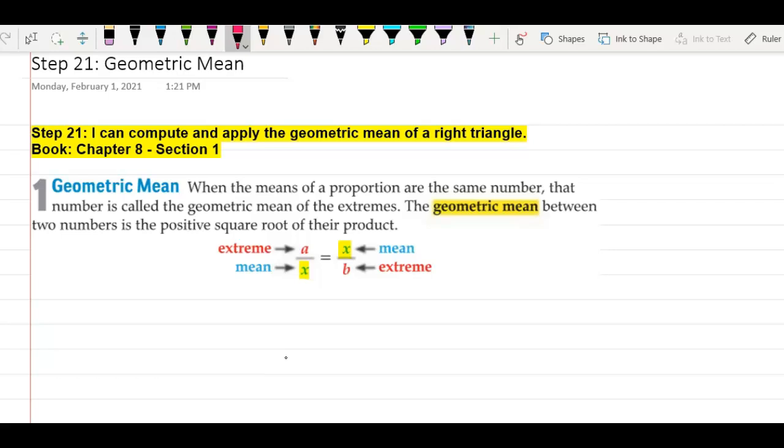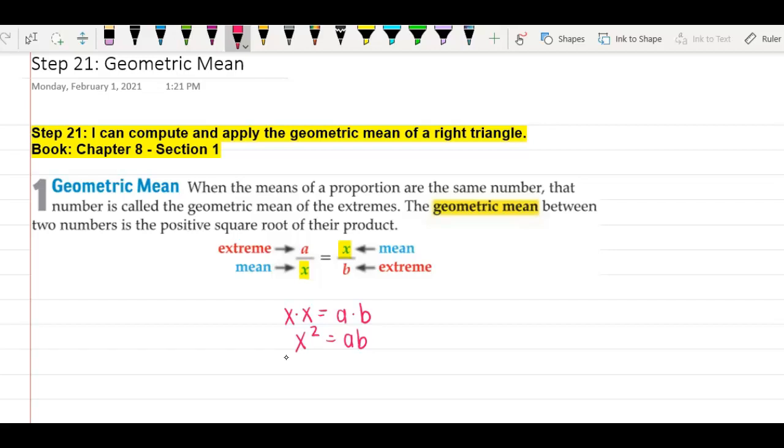If we had this ratio, we've already been talking about how to solve ratios in step 20 when we did our similar triangles. If we were solving this proportion, we would cross multiply. So I would have x times x equals a times b. X times x is x squared, and then we would just have ab.